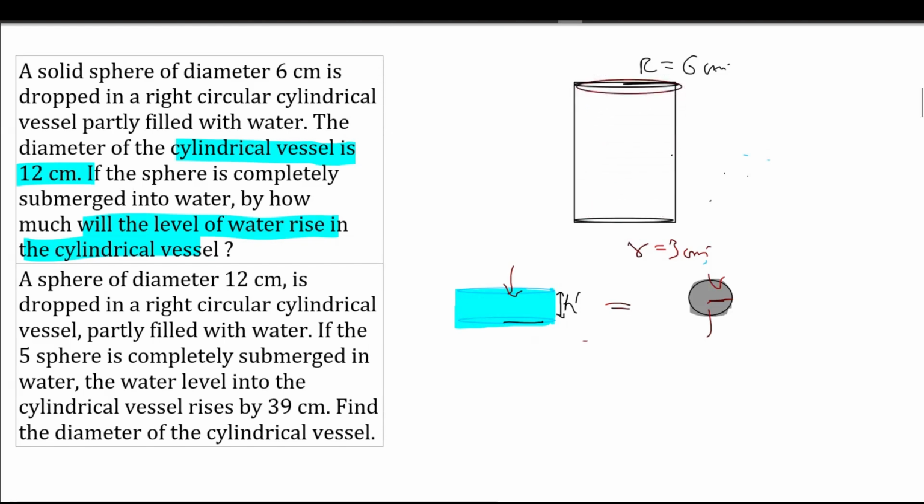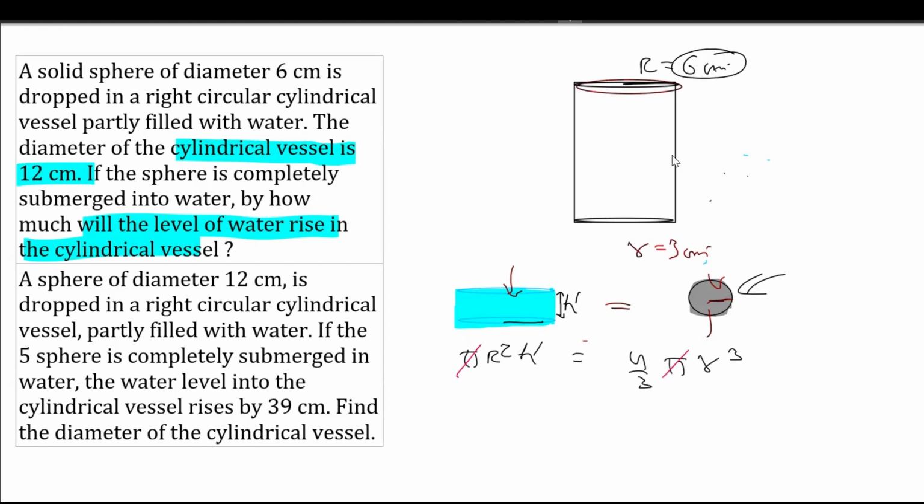So we'll say that the volume of this cylinder is pi r square h, and the height I have taken as H dash. And the volume of a sphere is 4 over 3 pi r cube, where the radius I took as small r. Now I can see that pi and pi get cancelled.